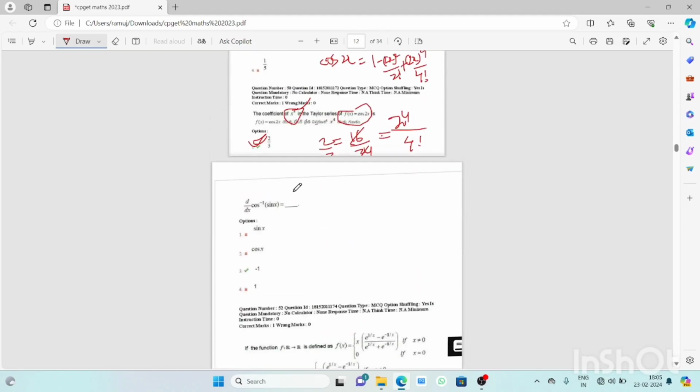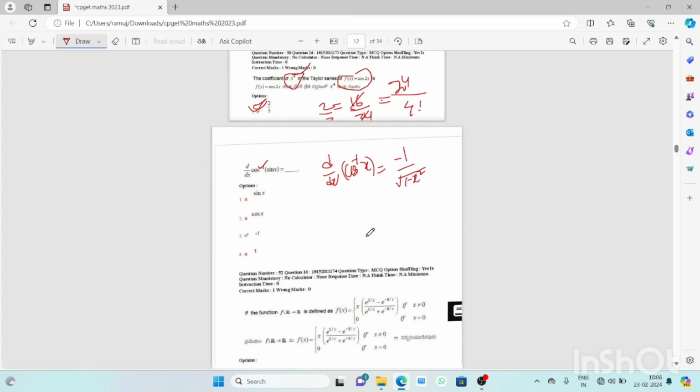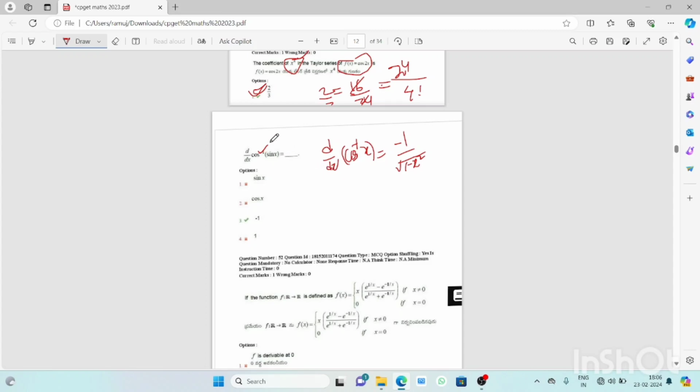Question 51: d by dx of cos inverse of sin x. We know that whenever d by dx of cos inverse x is there, we get minus 1 by under root of 1 minus x square. Here we have sin x in place of x, so we get minus 1 by under root of 1 minus sin square x.